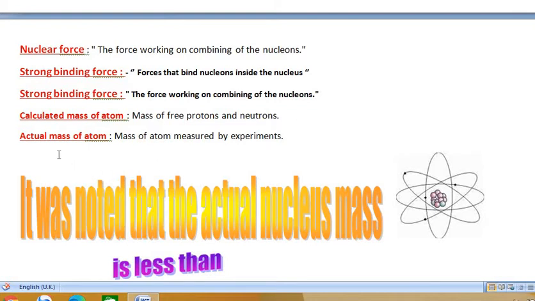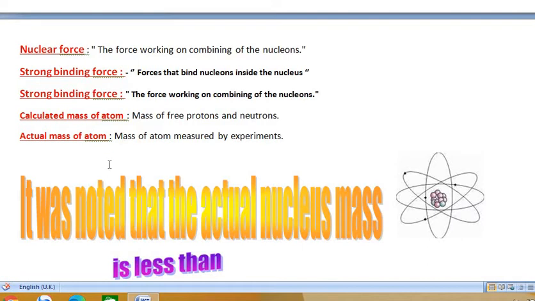There is also an actual mass for the atom, the mass of the atom as measured by experiments. It was noted that there is a difference between the calculated mass of the atom and the actual mass of the same atom.